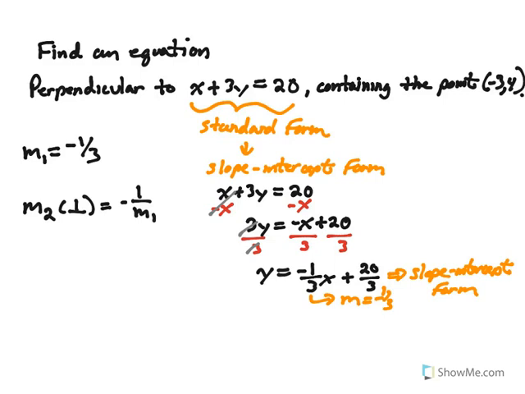So we take the first slope, do the reciprocal, and then change the sign. So in this case, m2 is going to be, the opposite of negative is positive, so the reciprocal of 1/3 is really 3 over 1, which is equal to 3. So my new slope is going to be 3. That is the perpendicular slope.